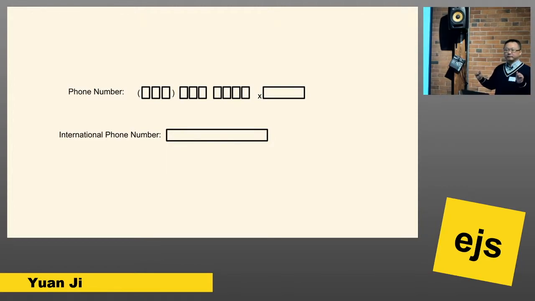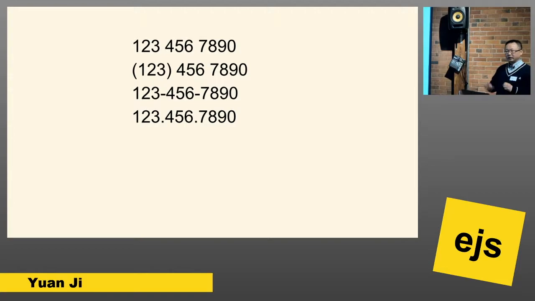So what is the problem? Do you have a question? Exactly. The problem is when we let the user freely input their phone number, all kinds of things come in, whatever they want, because a phone number you write down always has all kinds of formats. It's easy for people to understand and remember, but hard for computers.